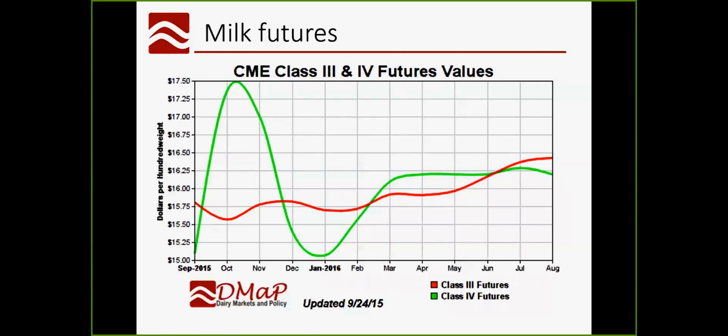Class 3 and Class 4 futures values. Class 3 is milk for cheese, obviously. Got the whey, dry whey in there. Class 4 milk for butter and non-fat dry milk. 2016 starts here.